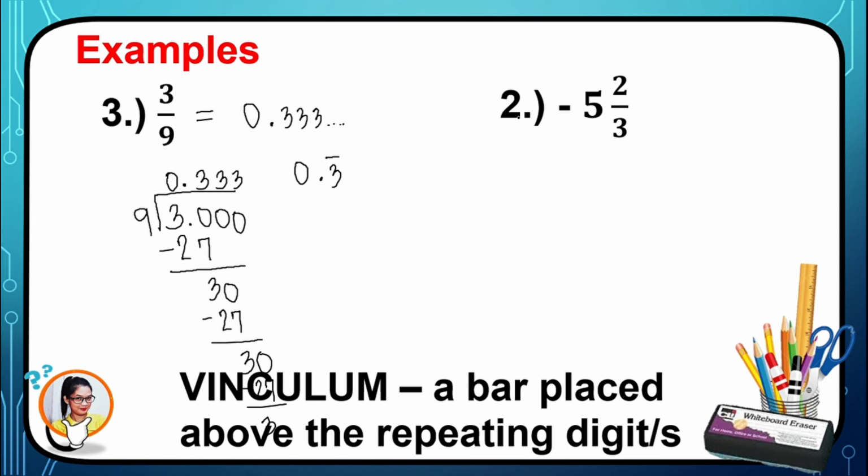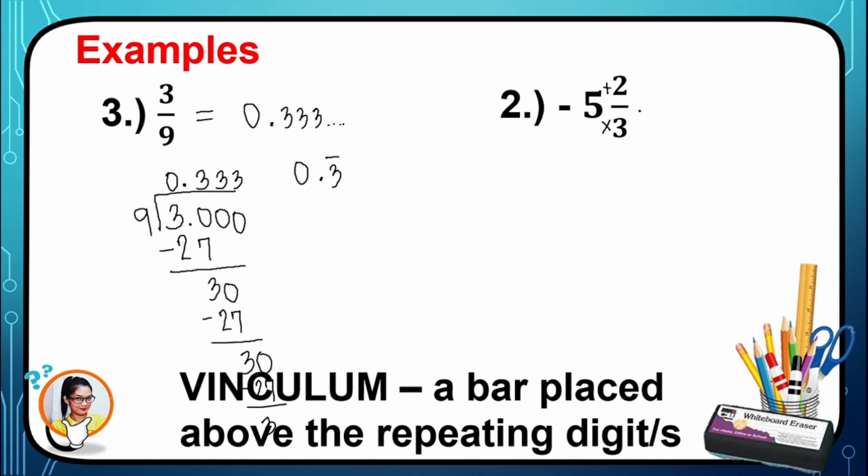Another, for number 2, -5 and 2/3. As you observe, this fraction is in mixed fraction, so we need to convert this first into improper fraction. And how are we going to do that? We're going to multiply 5 and 3, then we will add 2. 5 times 3 is 15, plus 2 is 17.